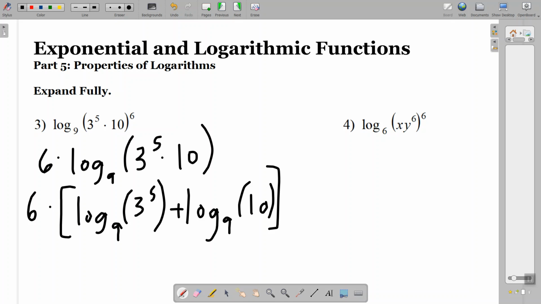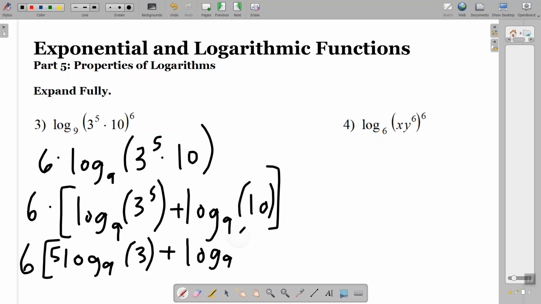Okay, still have a power here in the first logarithm, so 6 times 5 times log base 9 of 3 plus log base 9 of 10. All right, I think that's all the expanding we can do.